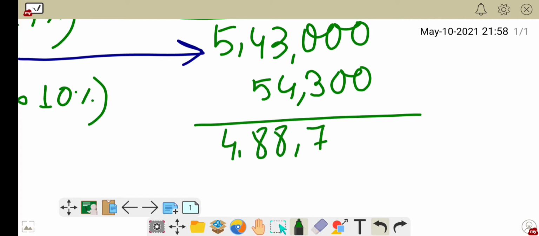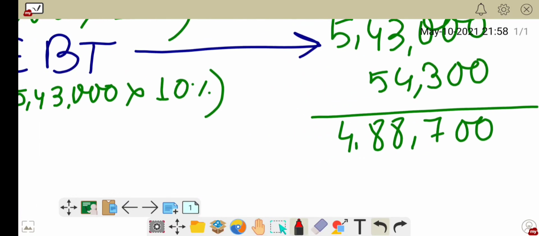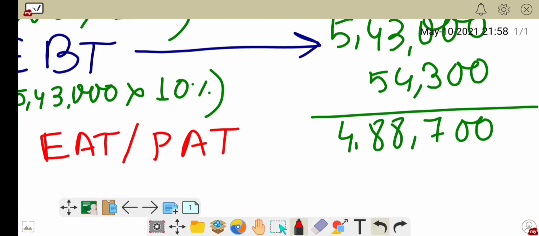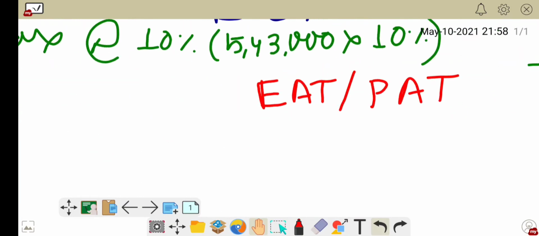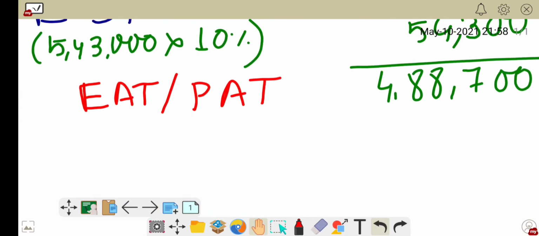4,88,700, and corresponding to that we will write EAT, earning after tax, or PAT, profit after tax. So we have got the earning after tax or profit after tax.